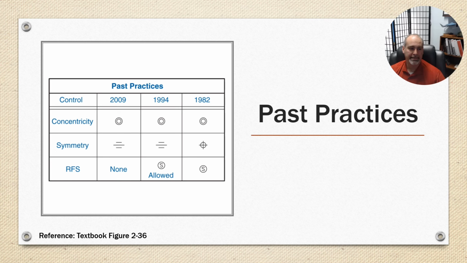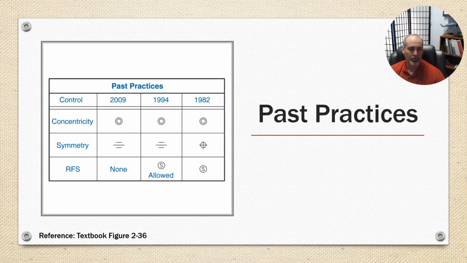So they decided to remove it from the standard. Then there's symmetry, which I guess in 82 looked like the position symbol. But the symmetry is almost impossible to hold because even if you have a loose tolerance, to have something absolutely symmetrical is very difficult to do. And it wasn't used very often, so they eliminated symmetry.